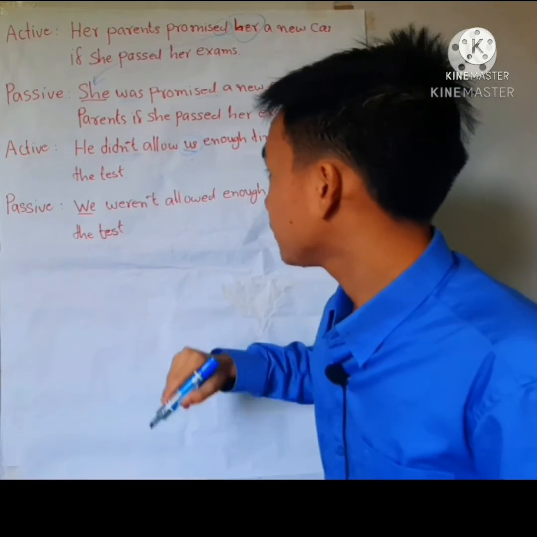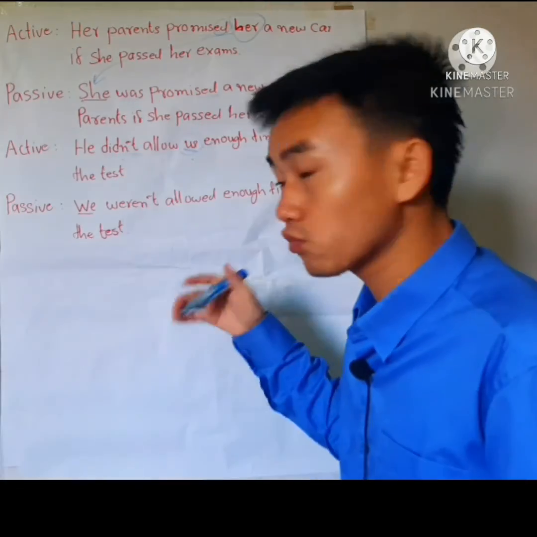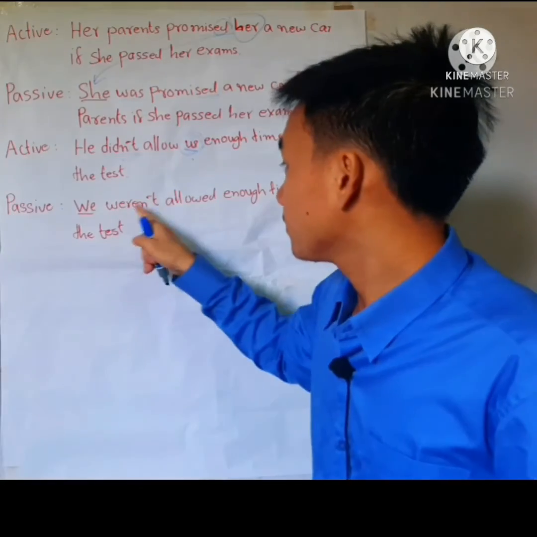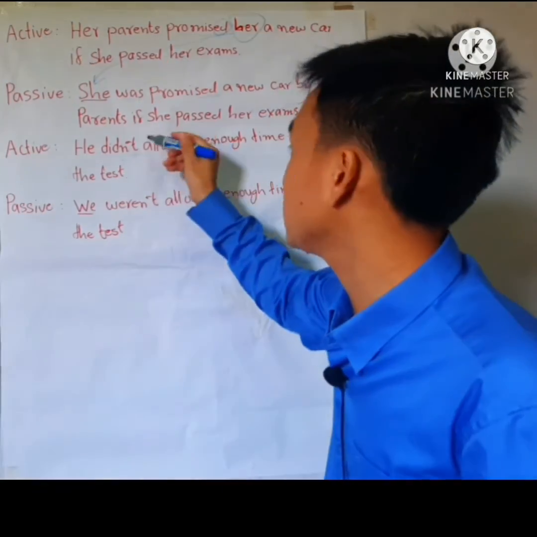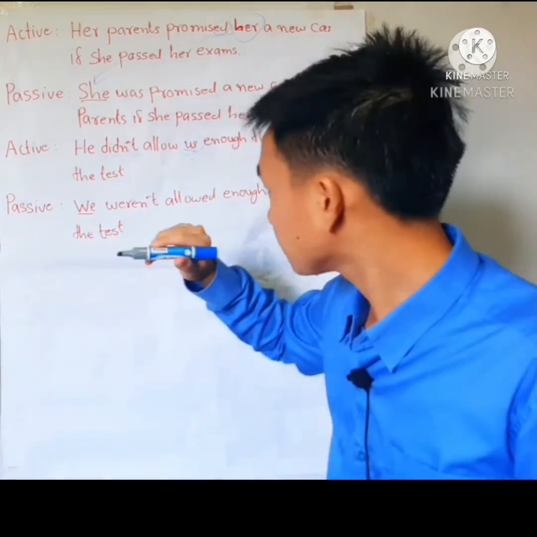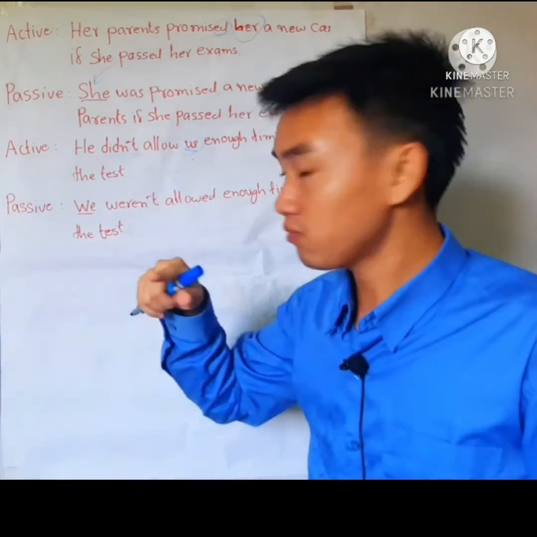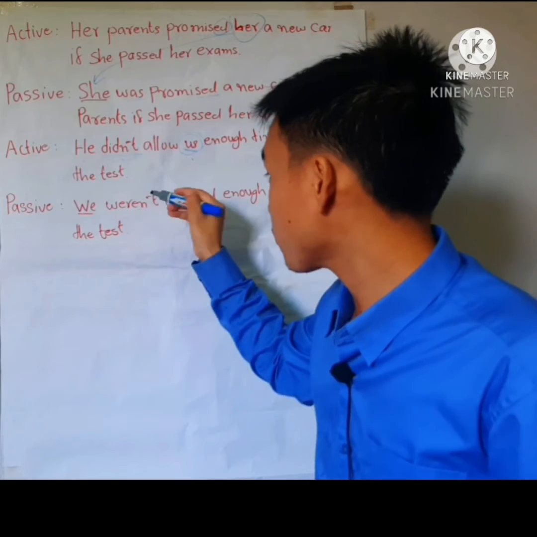So as you can see in this one, didn't, well, we will change. We don't use this one. We use the verb to be instead, right? We and the verb to be, are. But when we change to the passive, because in this one you can see didn't, the verb to be is the past tense, were, right?